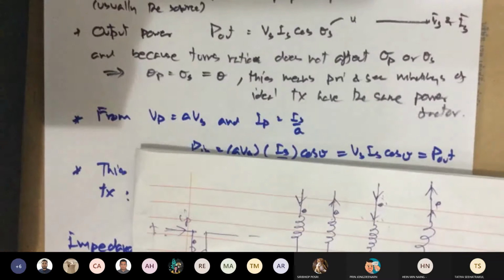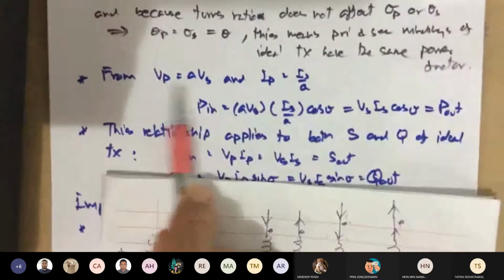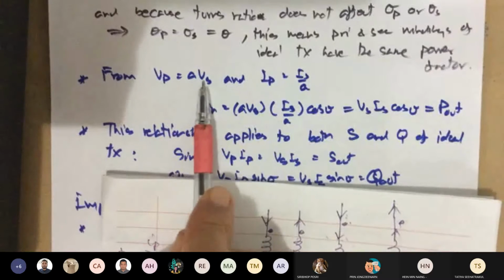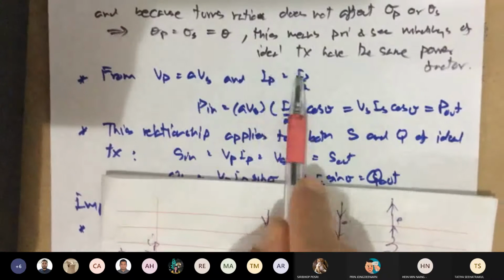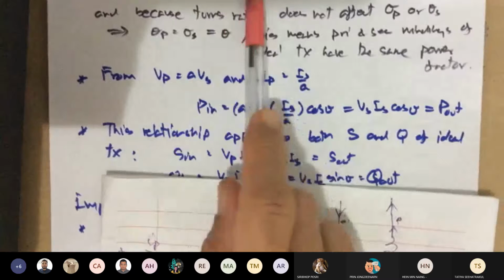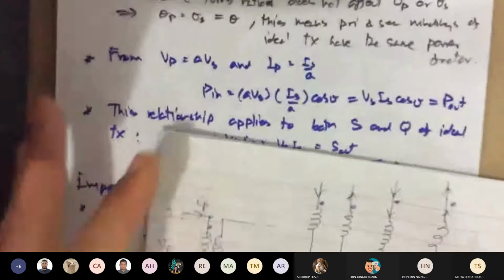And if you understand that, we can manipulate this using the voltage ratio. VP over VS equals A, so you get VP equals A VS. IP is IS over A. Substitute this IP and VP into the input power. Let me write that down.